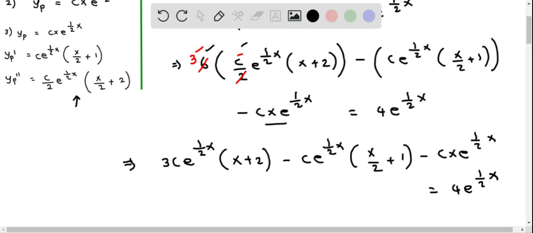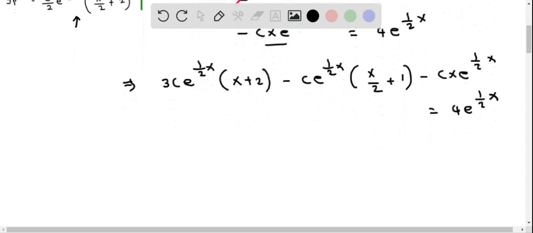Now let's divide each term, both on the left side as well as on the right side, by e power half x, because we have e power half x in both sides of the equation. So divide by e power half x so that we can make this equation a little simpler.